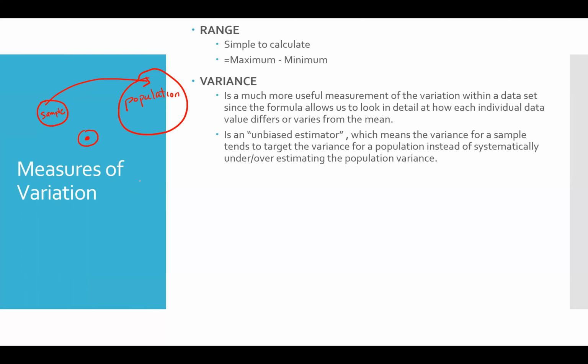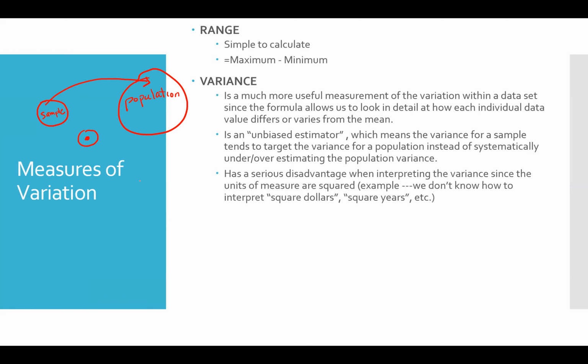So the variance is a very useful measurement, but it has a very big issue or disadvantage. Because of the way that it's calculated, your units of measure become squared. So again, if I were thinking about the ages in years and I were calculating the variance, we would have to talk about the age in years squared.